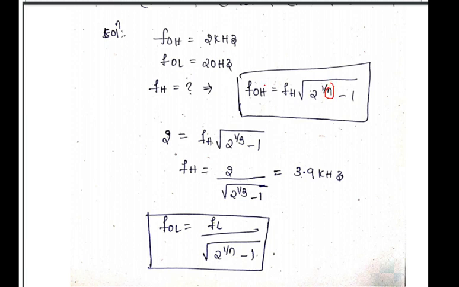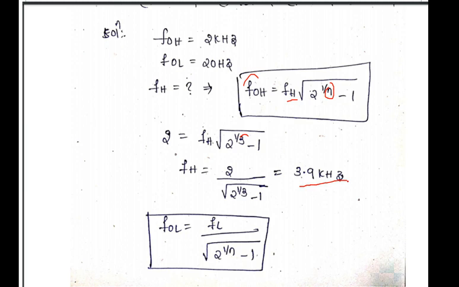In the question they give the overall upper 3 dB frequency FOH, and we need to calculate FH, the higher 3 dB frequency of each stage. Substituting the values, FOH is 2 kHz, equal to FH into the square root of 2 power 1 by n minus 1. The question clearly mentions 3-stage amplifiers, so in place of n, I substitute 3. After substituting, I get a frequency value of 3.9 kHz.